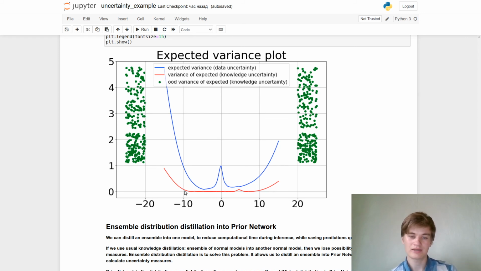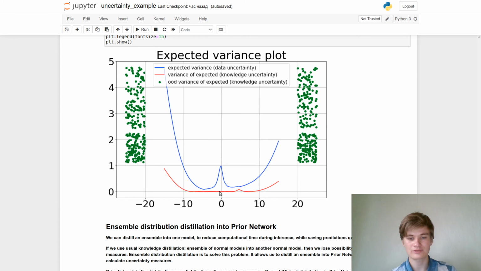And it also continues to be quite low even after data uncertainty starts to grow.